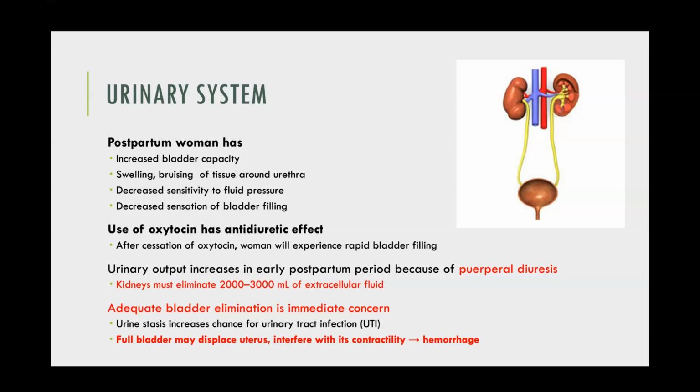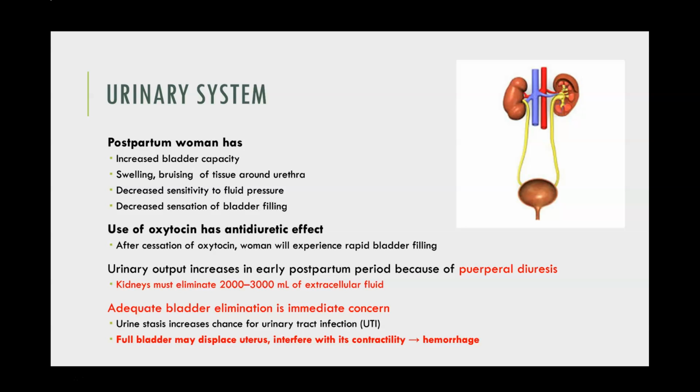She's going to have a decreased sensitivity to fluid pressure because of this increased bladder capacity, and a decreased sensation of bladder fullness. So she will not recognize that her bladder is getting full. It's important for you as the nurse to be assessing her bladder for distension so that we can avoid any problems with too much urinary retention.